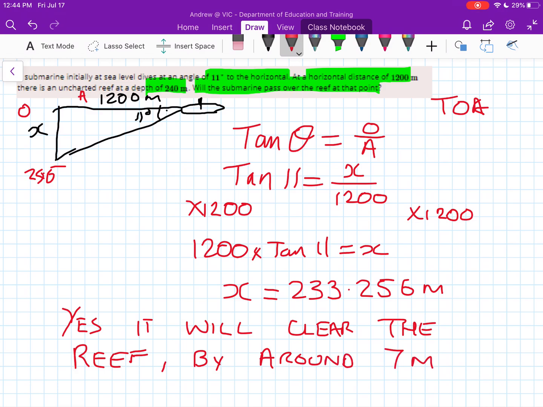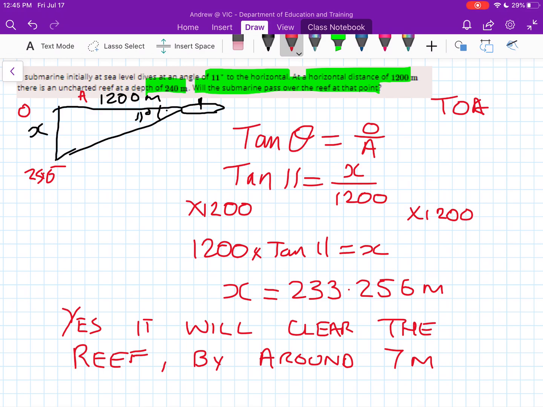Okay, so around 7 meters, 6.7 or 6 point, however many you want to put, but it just asks if it was going to pass over the reef at that point, and yes it will, and it's always good just to give an estimate by how much, just to show your understanding.